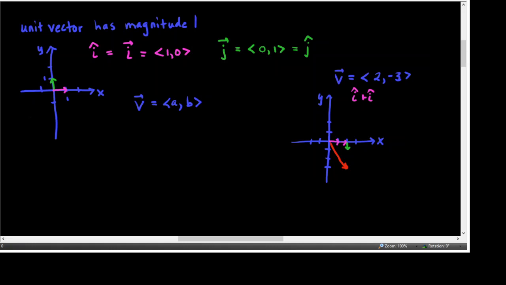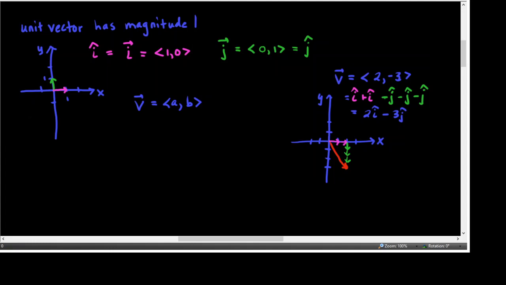Minus J, minus J, minus J. Oh, getting ahead of myself. And that would add up to be 2I minus 3J.